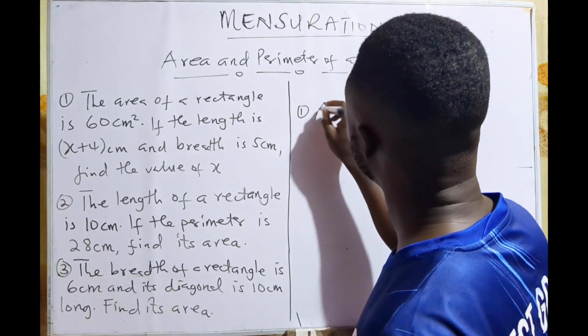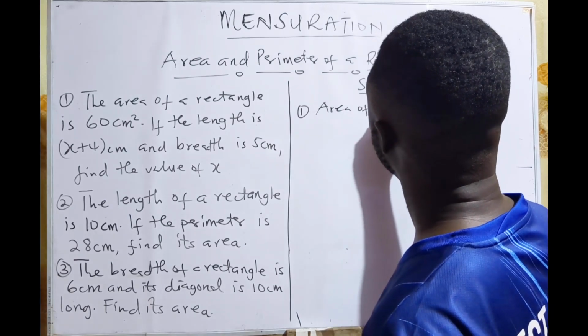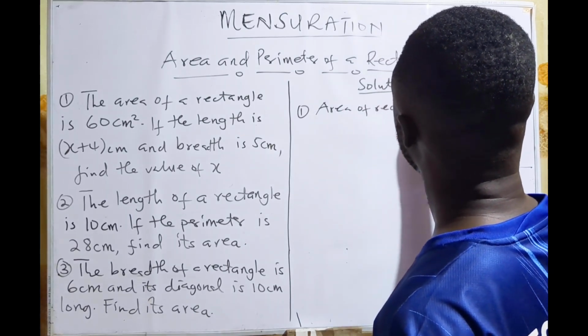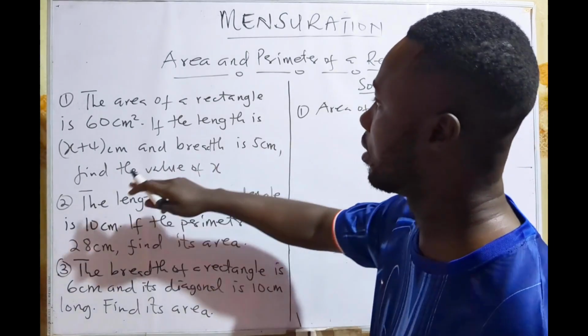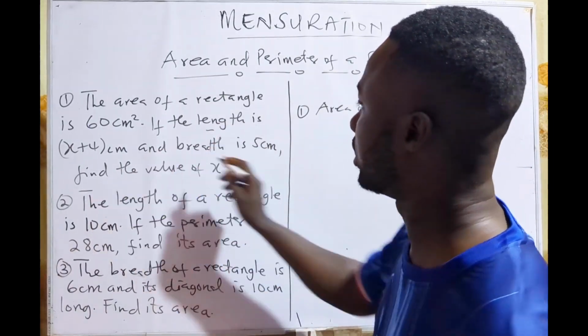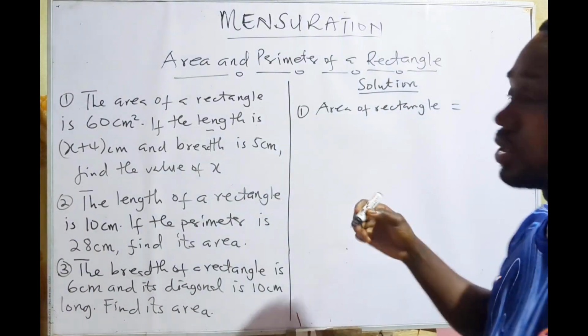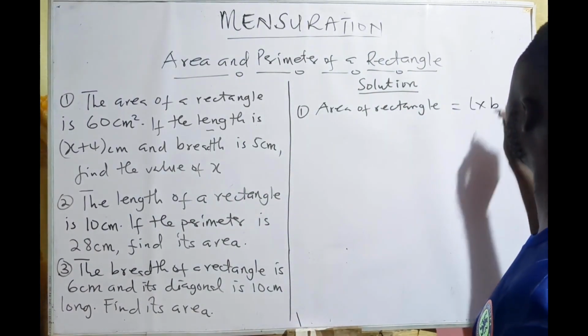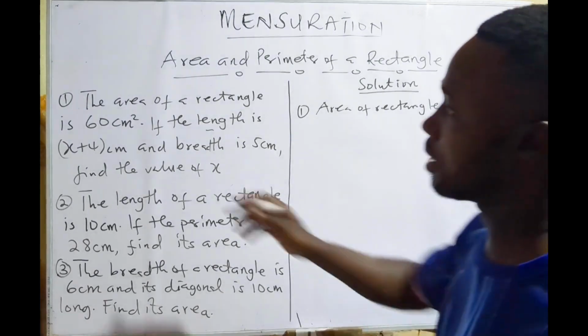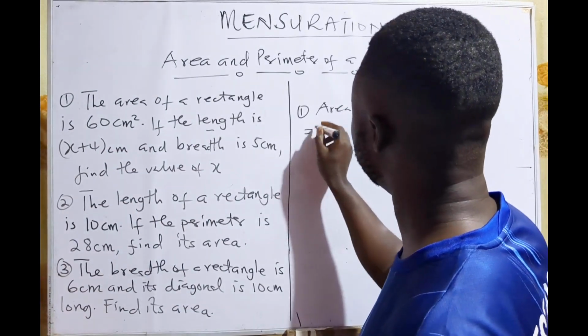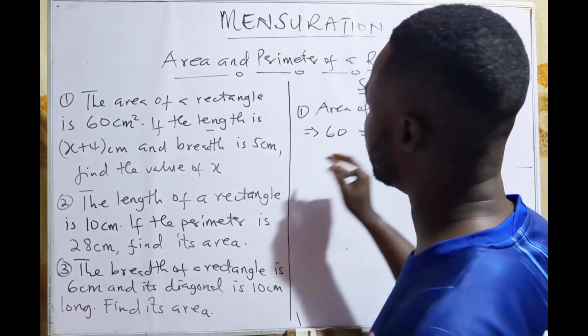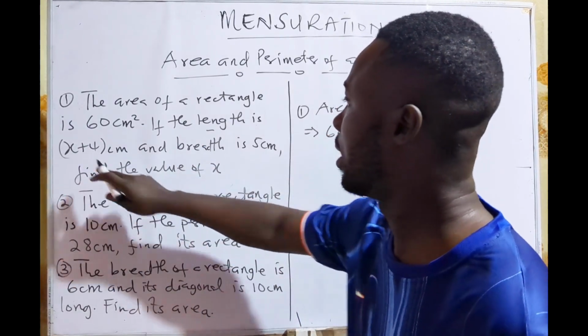So we know the area of a rectangle. Here we're given length and breadth, or it can be length and width. So it's the length times the breadth. The area was given as 60. It means that 60 centimeters squared is equal to the length times the breadth.